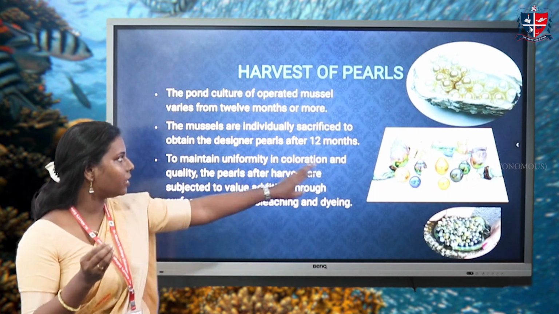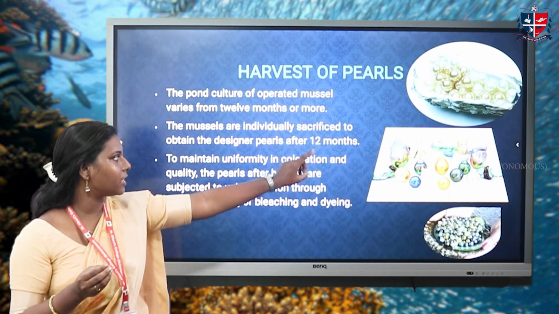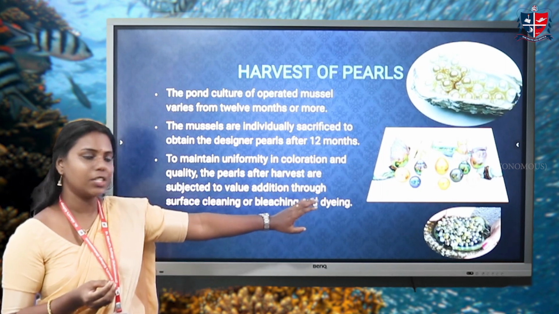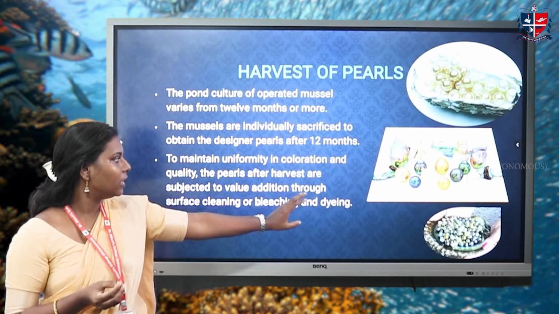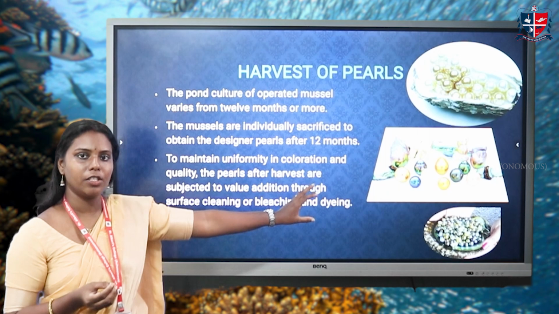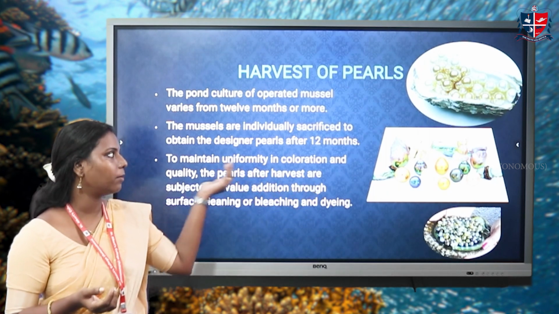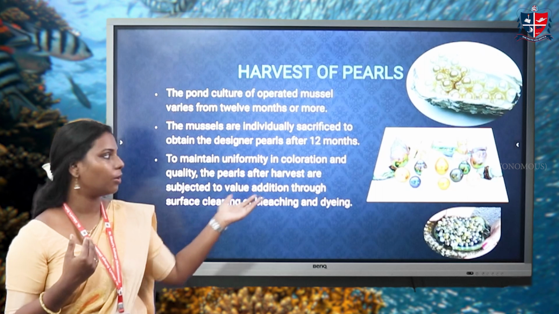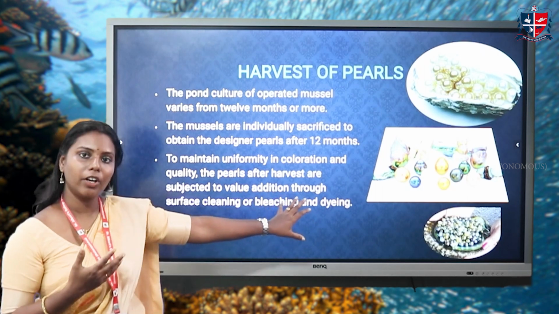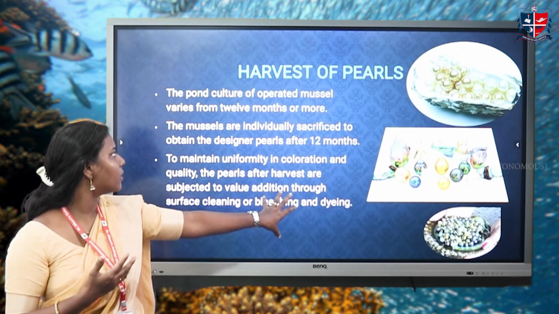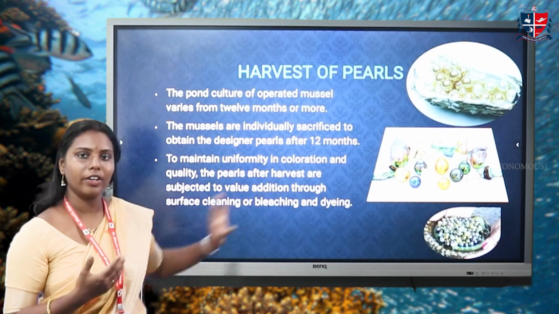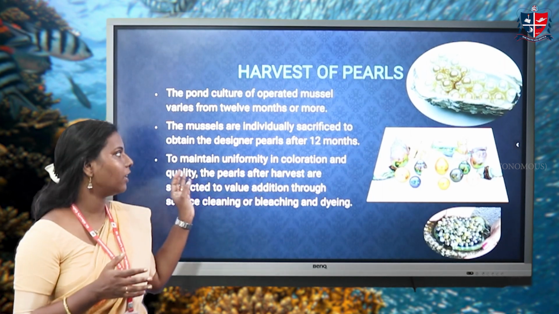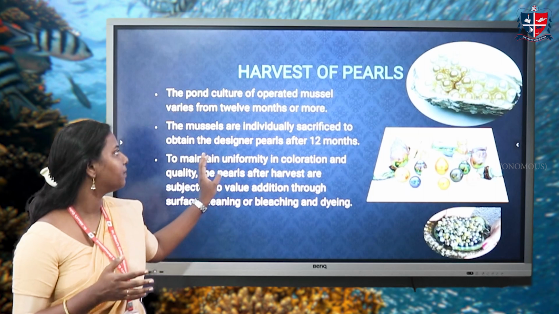Here in the slide you can see three pictures which show different forms of pearls in different colors. These are the harvested pearls from different organisms, that can be from a pearl oyster or from a mollusk. Here we have already dealt with the surgery of the mollusk.